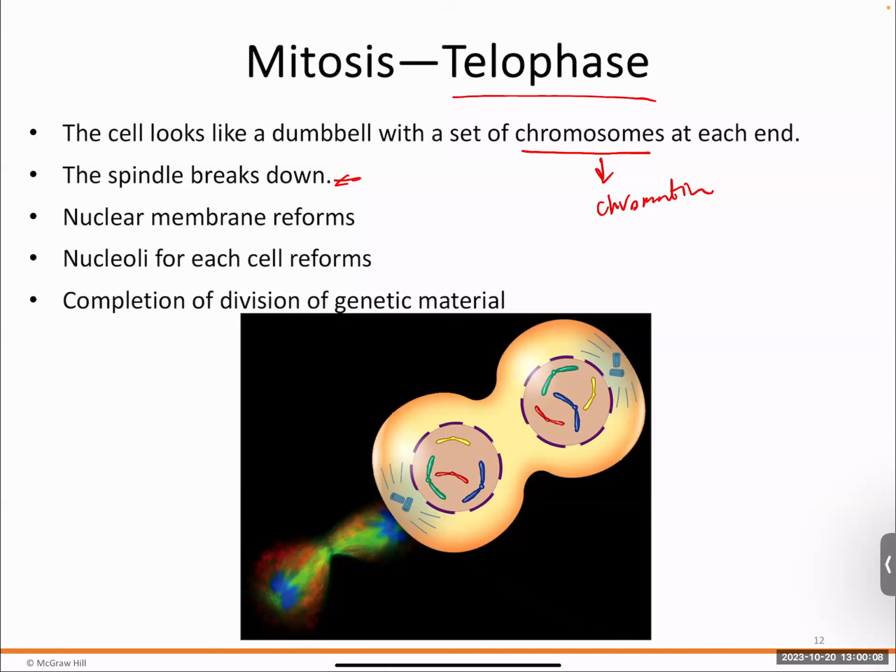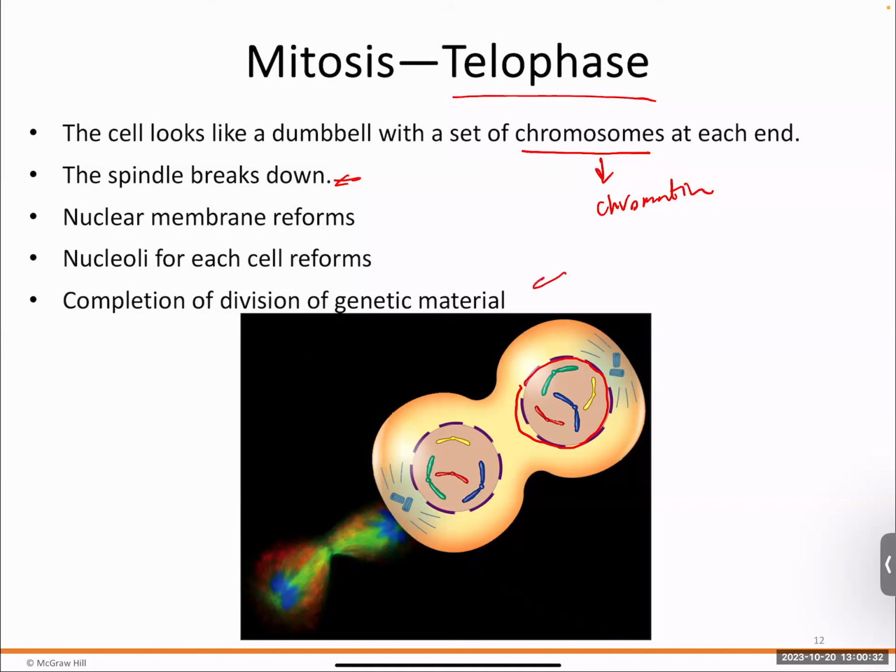So I'm going to start to reform the nuclear envelope. As you see, it starts to reappear. And one of the last things that happens is the nucleolus for each of the cells starts to reform. So that cell gains its ability to form ribosomal subunits and eventually make proteins for the cell.